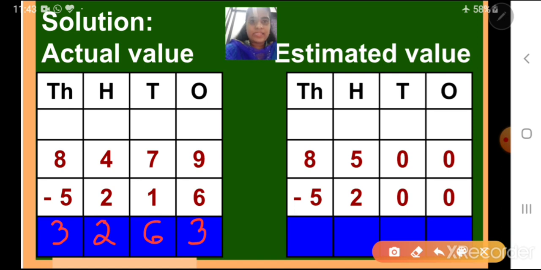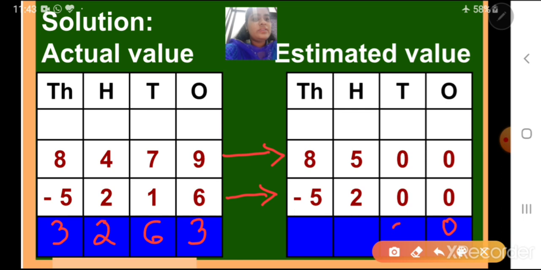Now we are going to find the estimated value. For finding the estimated value, we have to first round off the numbers. 8479 rounded off to nearest 100 will be 8500, and 5216 rounded off to nearest 100 will be 5200. After that we have to subtract. We will subtract from ones place. 0 minus 0 is 0.